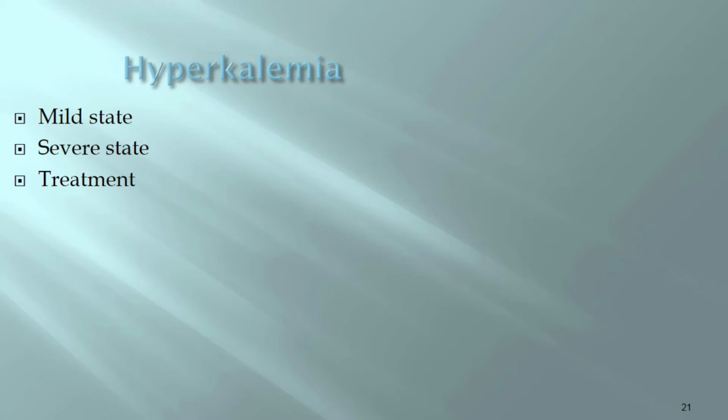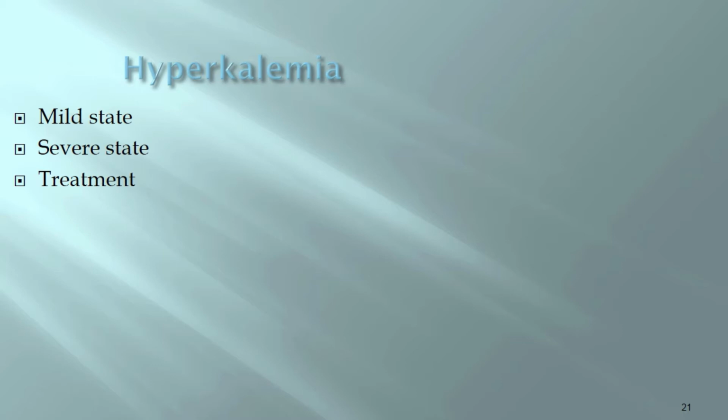They sometimes may describe it as paresthesia, but it's really a tingling sensation. The patient may be restless, have cramping, and also may have cramping in the abdomen, intestinal cramping, increased peristalsis, and diarrhea.